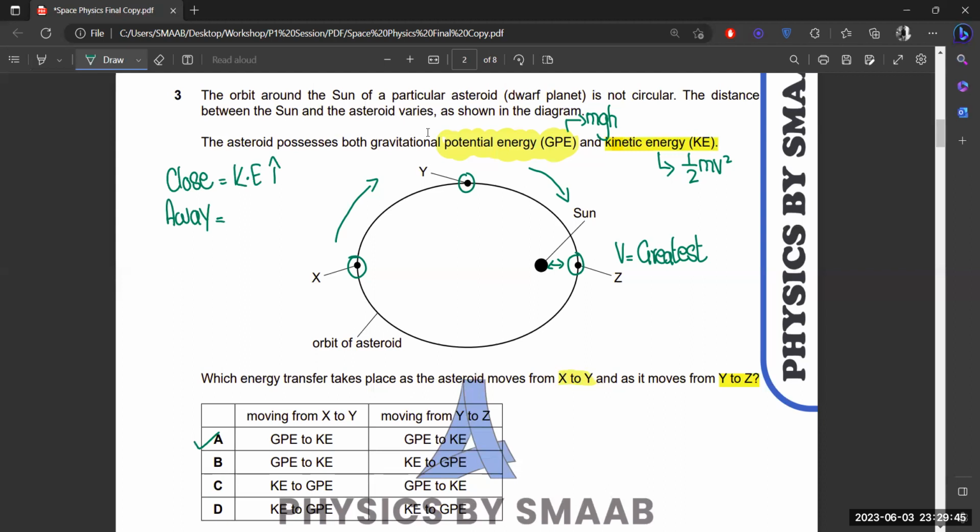The same goes for the planet. If a planet moves away from some other planet, there is a force of attraction, and due to that attraction there will be potential energy. So when we are moving away, potential energy is going to increase for that specific planet. I hope that makes sense and is very easy.